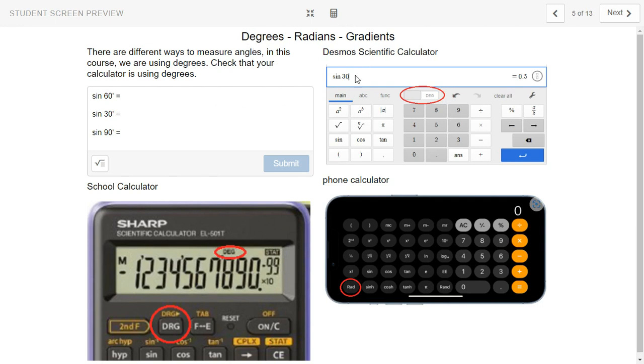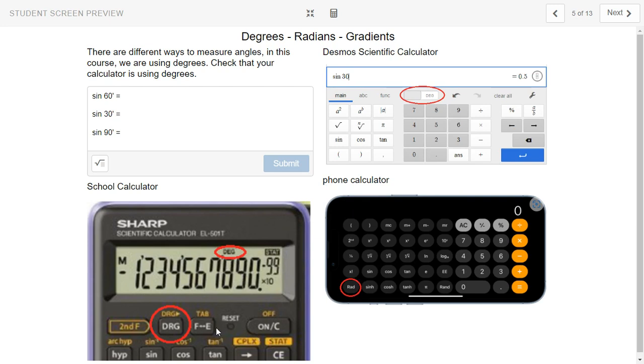If you are using the Desmos scientific calculator, you need to make sure that you have this little tab switched to degrees. If you're on a phone calculator, you need to see RAD. It's not super intuitive, but when you see RAD, then you know it's in degrees, because if you hit RAD, it'll turn into DEG, but then it'll show up here that you're using radians.